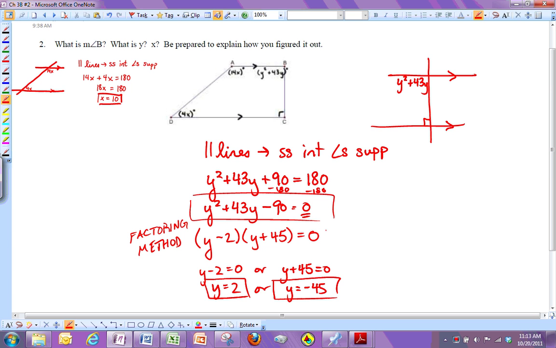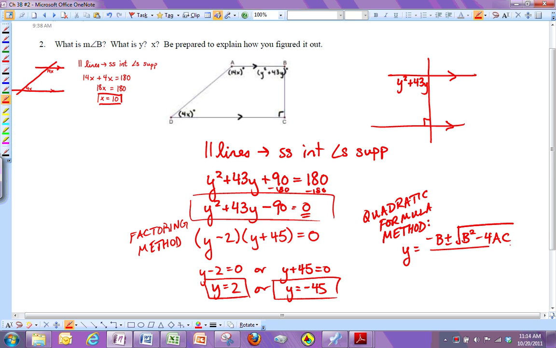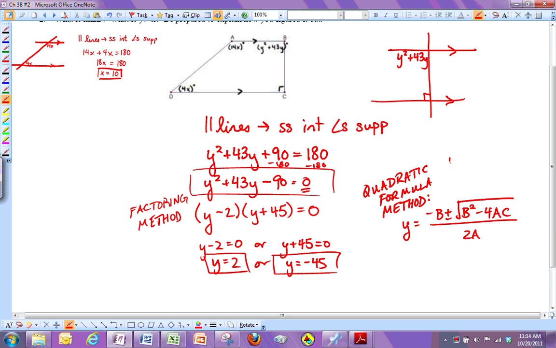But first I want to say, let's say you couldn't remember the factoring method, or you couldn't figure out how to factor it. Then you could do the quadratic formula method, which, granted, is going to be a little bit uglier with calculations, but it's doable. For this one, we're going to need that y, not x now, equals negative b plus or minus the square root of b squared minus 4ac all over 2a. If we look at our equation, it was y squared plus 43y minus 90 equals 0.